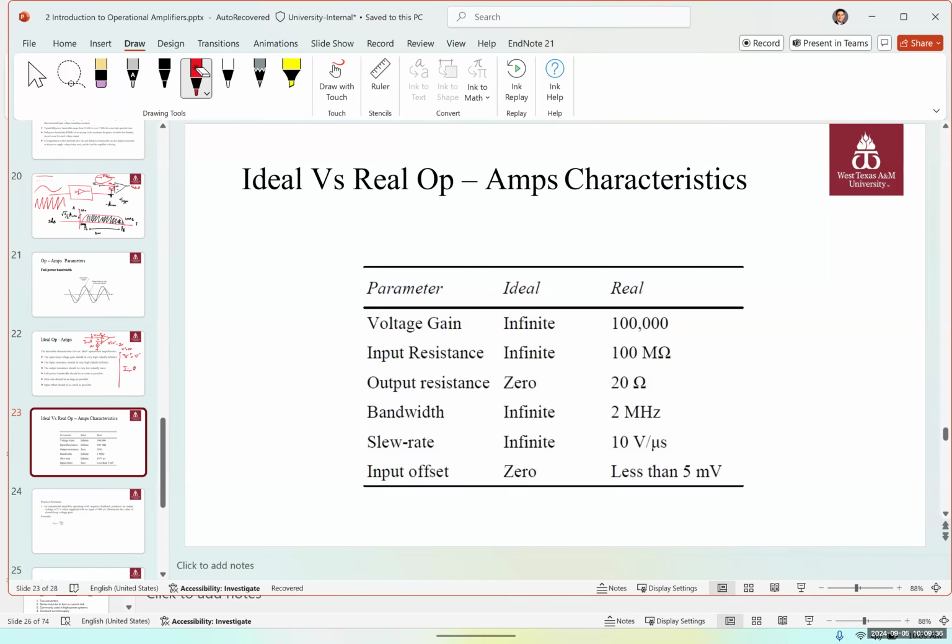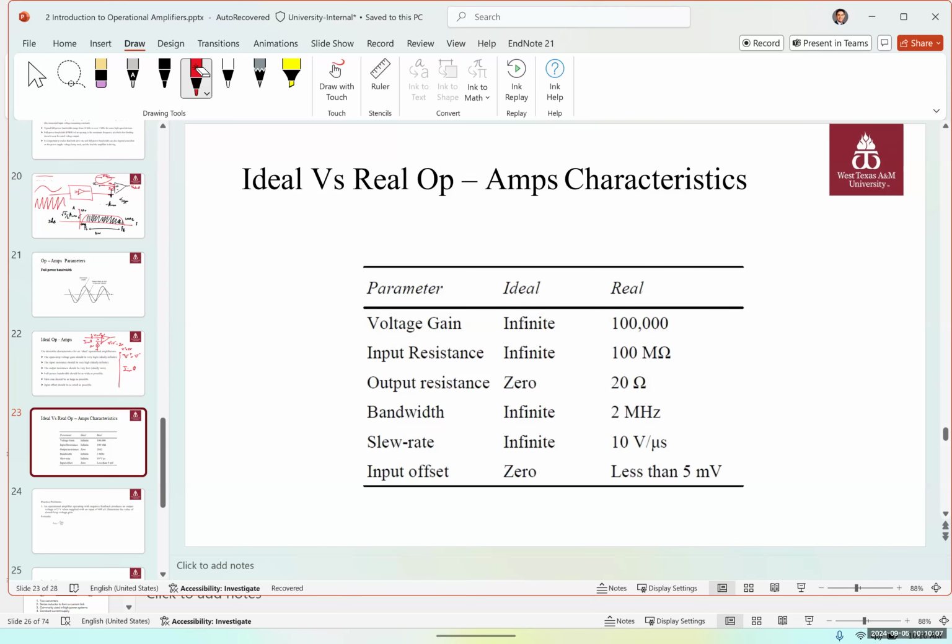The output resistance is 0 for an ideal op-amp. For a real world op-amp, it's 20 ohms. Bandwidth is infinite. For a real op-amp, it's 2 megahertz. Slew rate is infinite. For a real world op-amp it's 10 volts per microsecond, and the input offset voltage is 0 for an ideal op-amp, and for a real world op-amp, it's less than 5 millivolts.